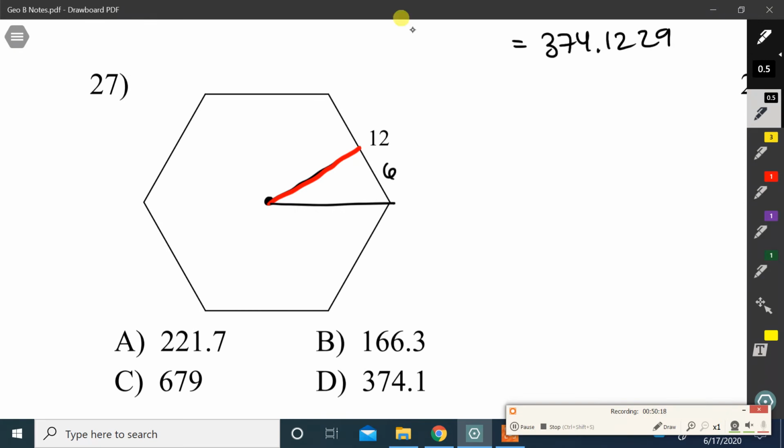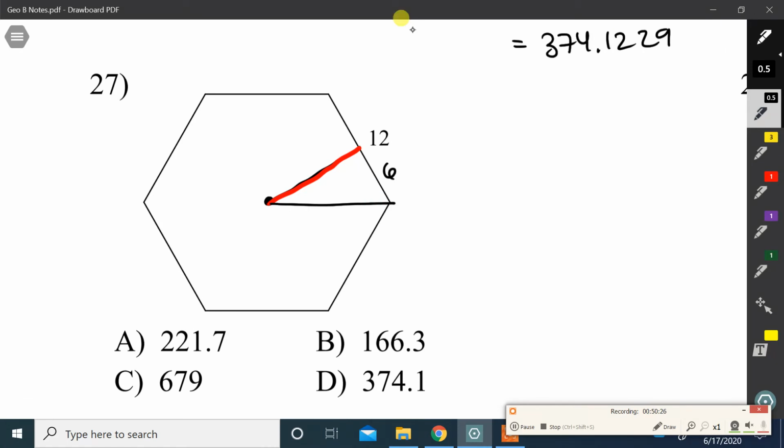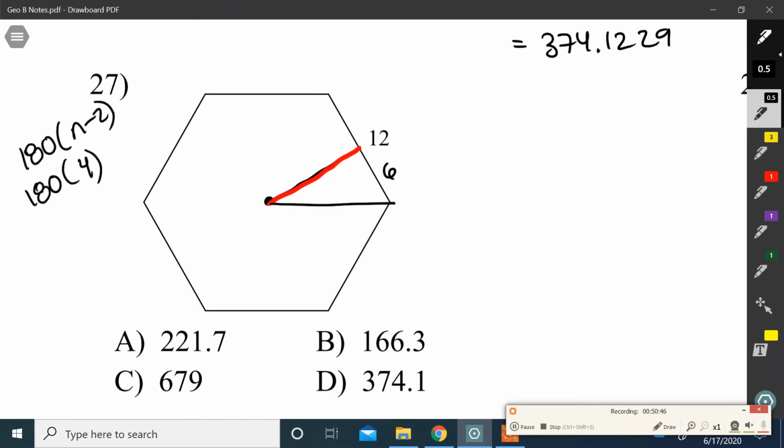So this whole thing right here should be 120. I get that because if you have 1, 2, 3, 4, 5, and 6 right there, the sum of all the angles should be 180 times n minus 2. 180 and then 6 would be 4. So it's 180 times 4 is 720.